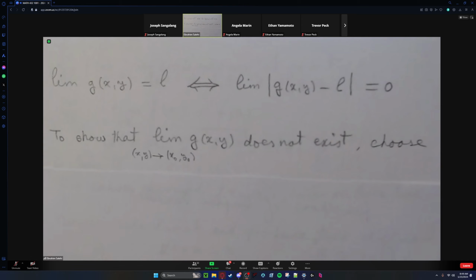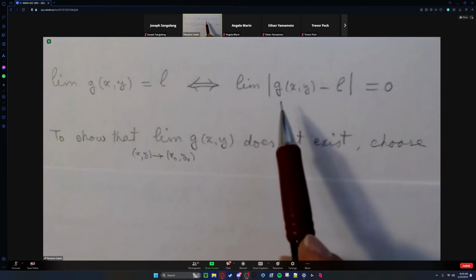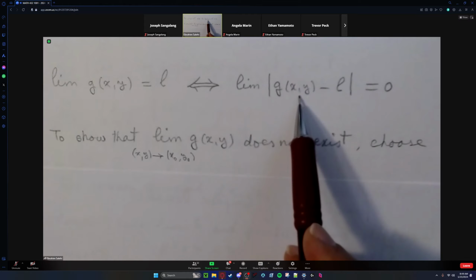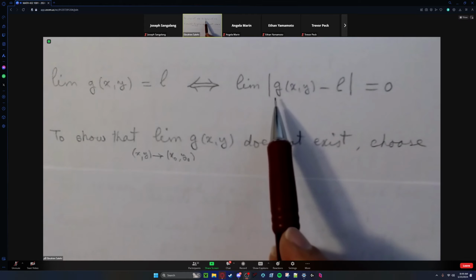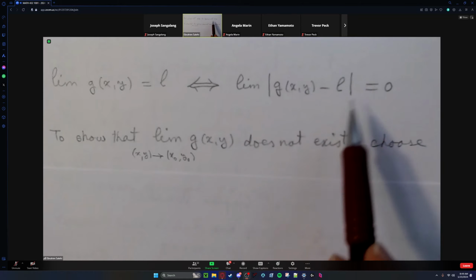And those of you that have time and would like to review more, please go ahead and review the facts that you learned in calculus 3 concerning functions of two variables. So, to show that this limit exists, we will form this one, and we prove by going through some logical steps that the limit is 0.